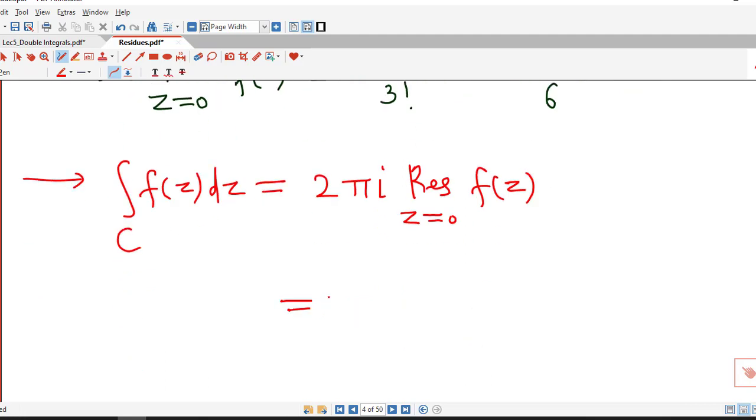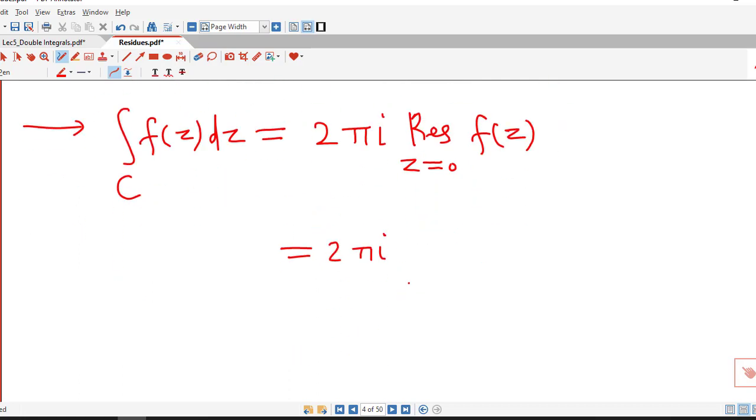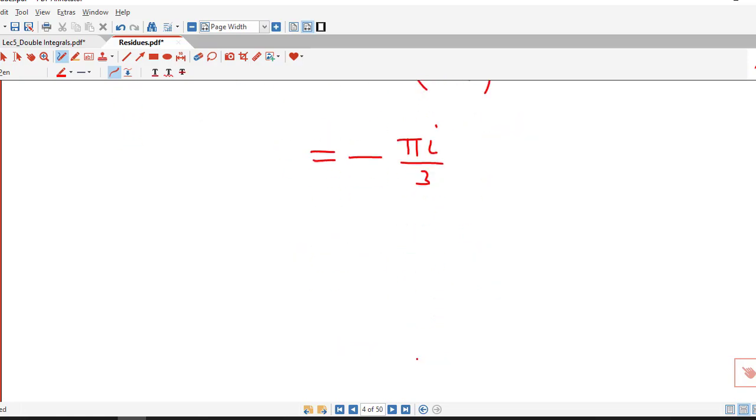So this is equal to 2 pi i times the residue, which is minus 1 by 6. So this is going to be minus pi i divided by 3.